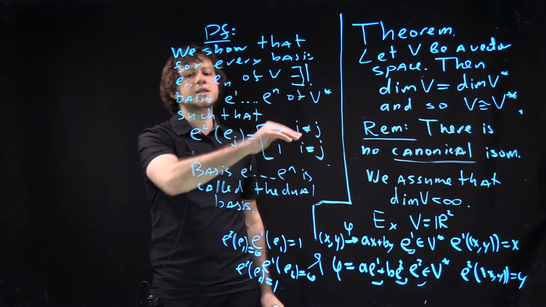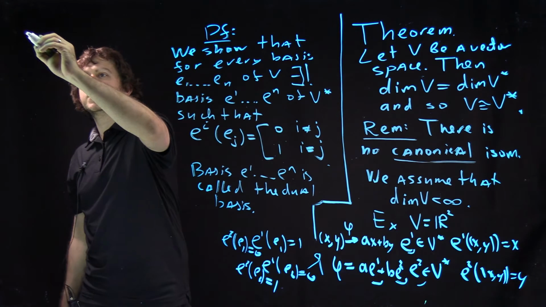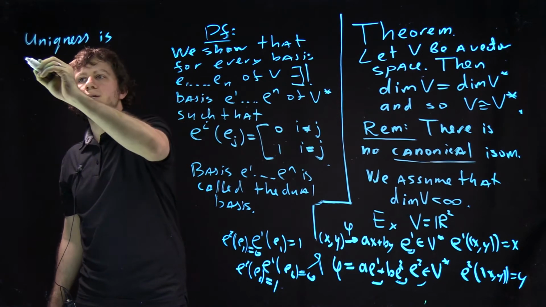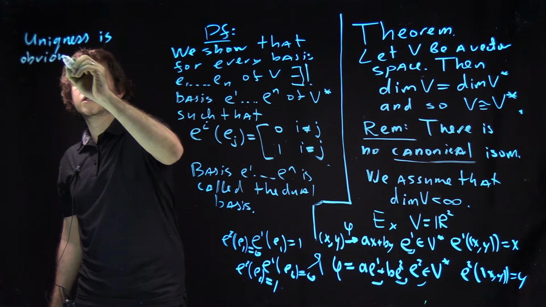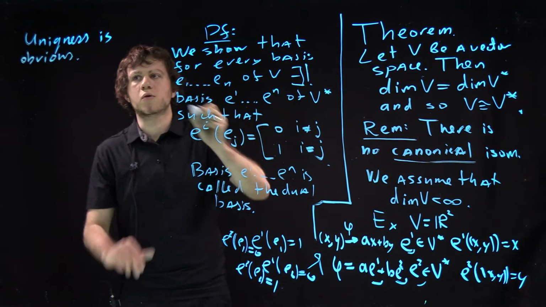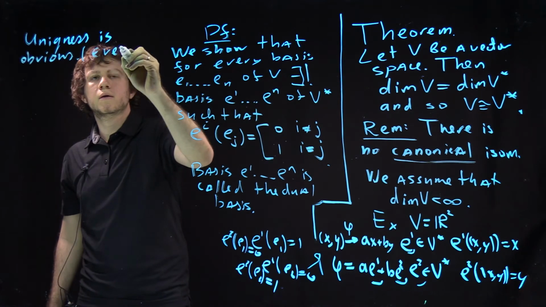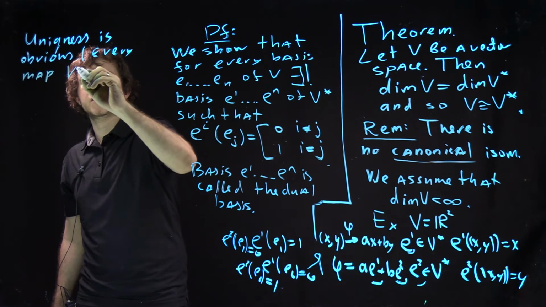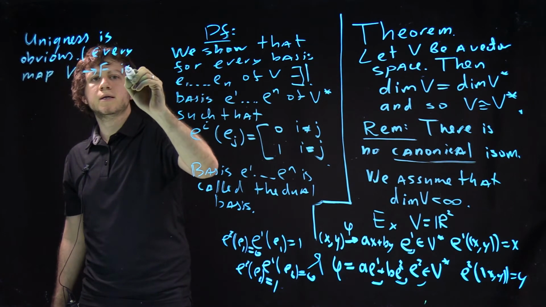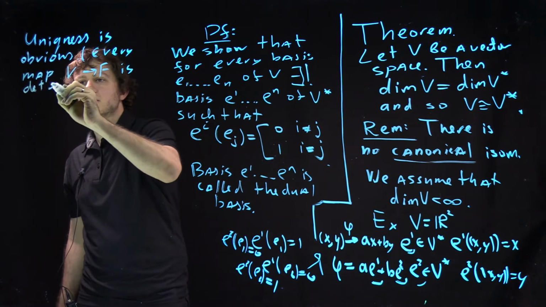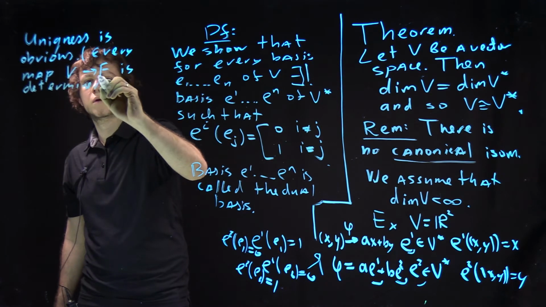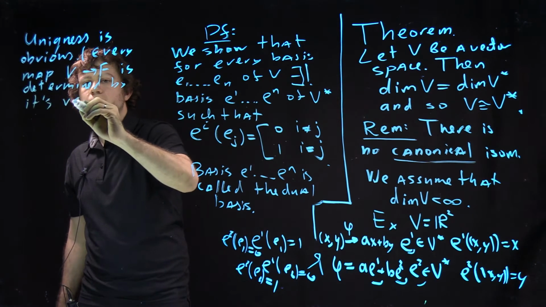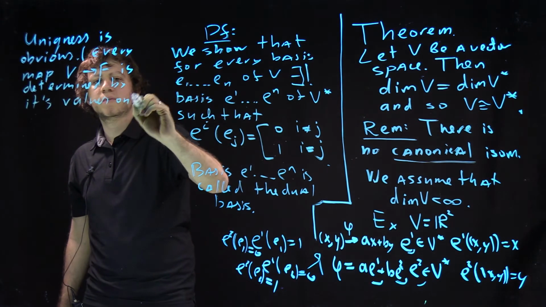Uniqueness is completely obvious, and this is just because every map from V to F is determined by its values on the basis.